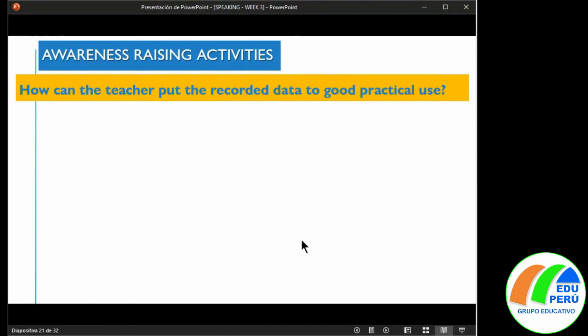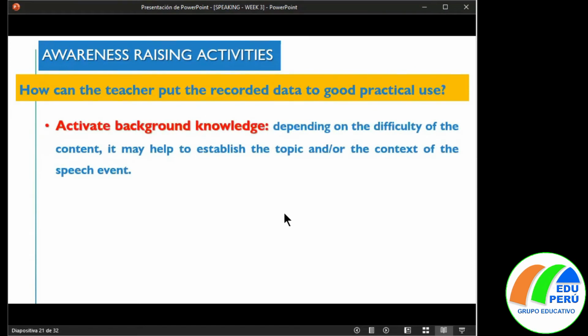All right. Okay. So let's continue. How can the teacher put the recorded data to good practical use? Notice how we could use it in a practical way. We could use this to activate, as I told you, the interest of our students by activating their background knowledge.